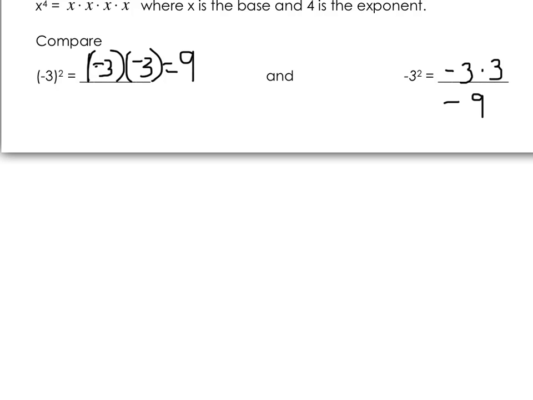So it's negative 9. The negative is not being squared in that case. Be very careful when you are raising negative numbers to even exponents. You have to be aware, are you squaring the negative sign or not? The parentheses tell you when to include the negative sign.